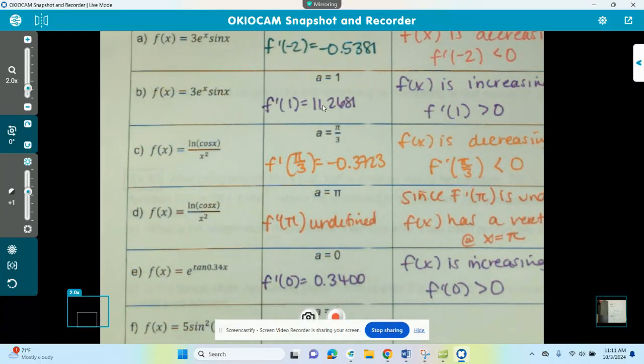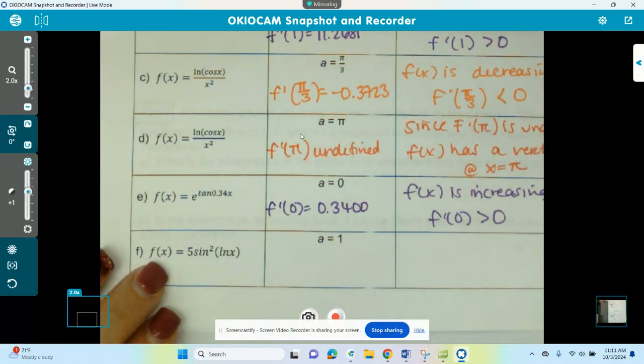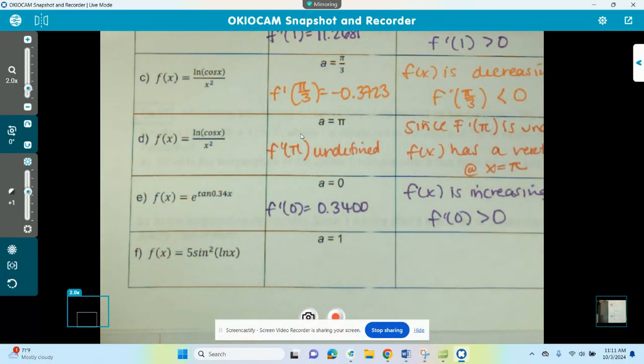All right, last one. With this last one, you do have to be very specific about how you enter it. Let's type it in. I'm going to go to my home screen. I just hit y equals, that's not what I want to hit.